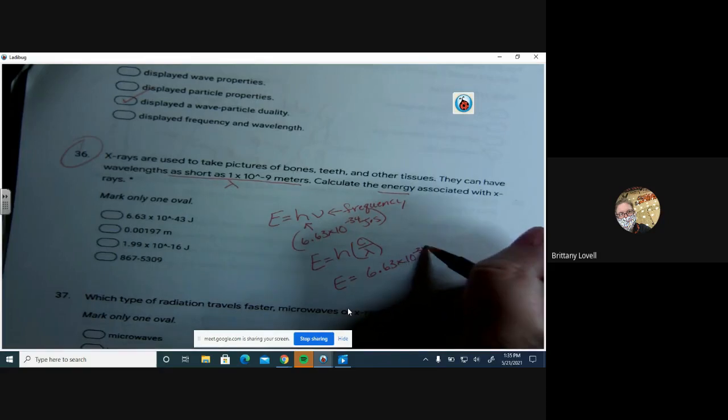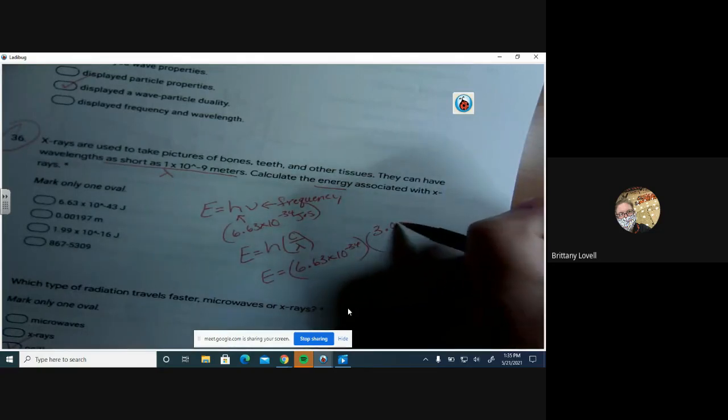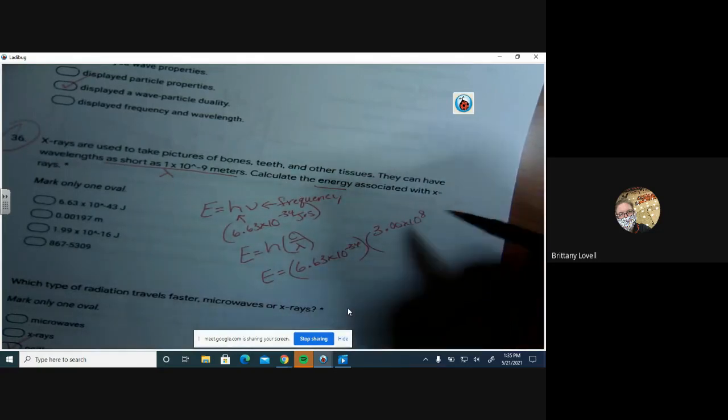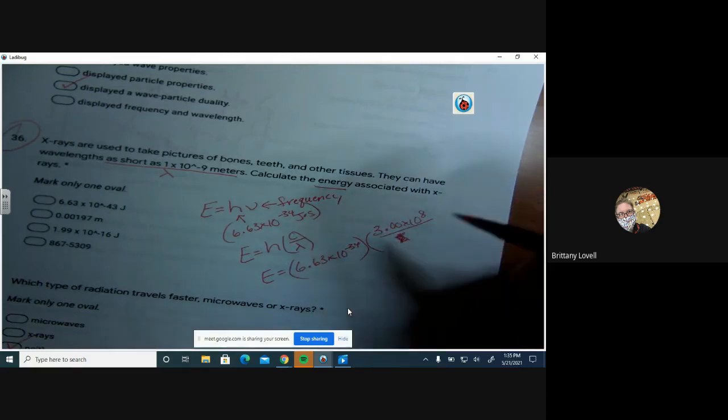So now that we know that, let's go ahead and see if we can solve for energy. E is equal to 6.63 times 10 to the negative 34th joule seconds times the speed of light in a vacuum, which is 3.0 times 10 to the 8th meters per second, divided by wavelength. Oh, wait, sorry. We have that value. 1 times 10 to the negative 9. Okay?